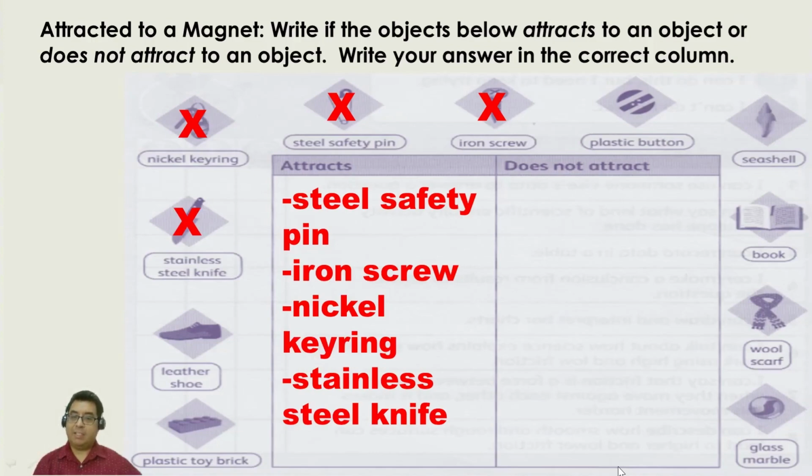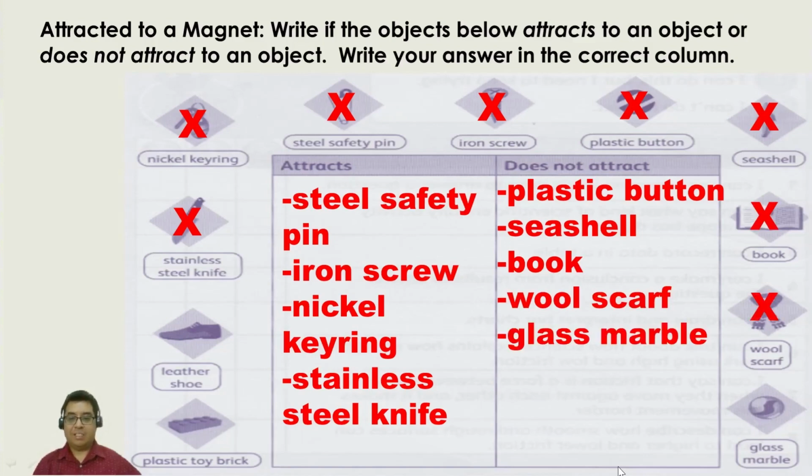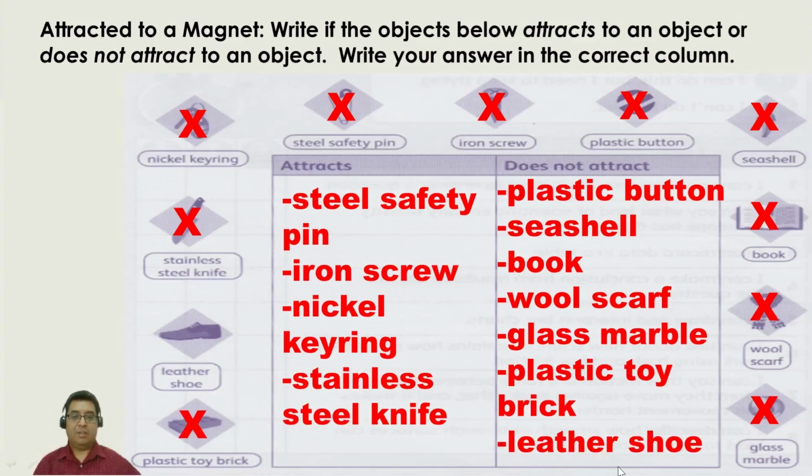What does not attract to a magnet? And if you're saying, well, everything else, cool, it is everything else. But follow the directions and let's identify them, such as plastic button, seashell, book, wool scarf, glass marble, plastic toy brick, and of course, leather shoes.